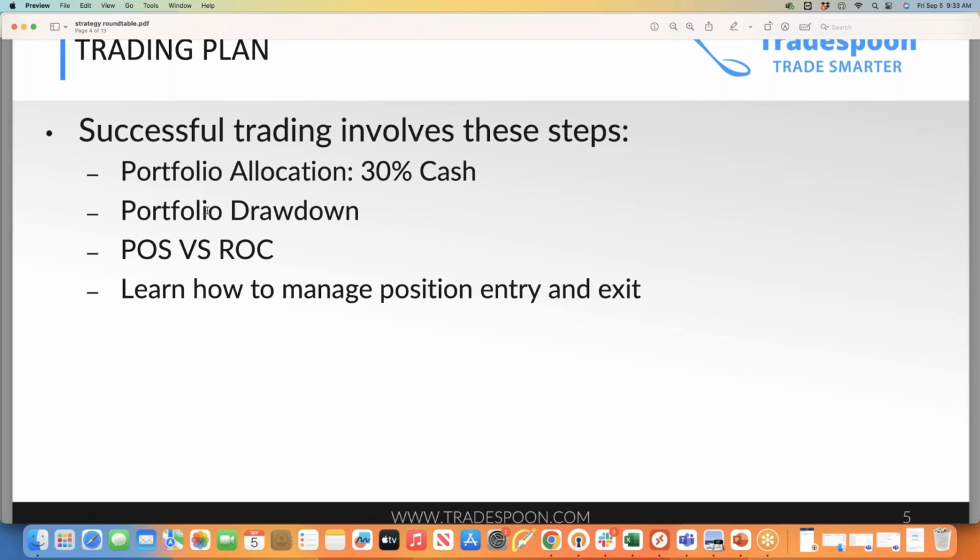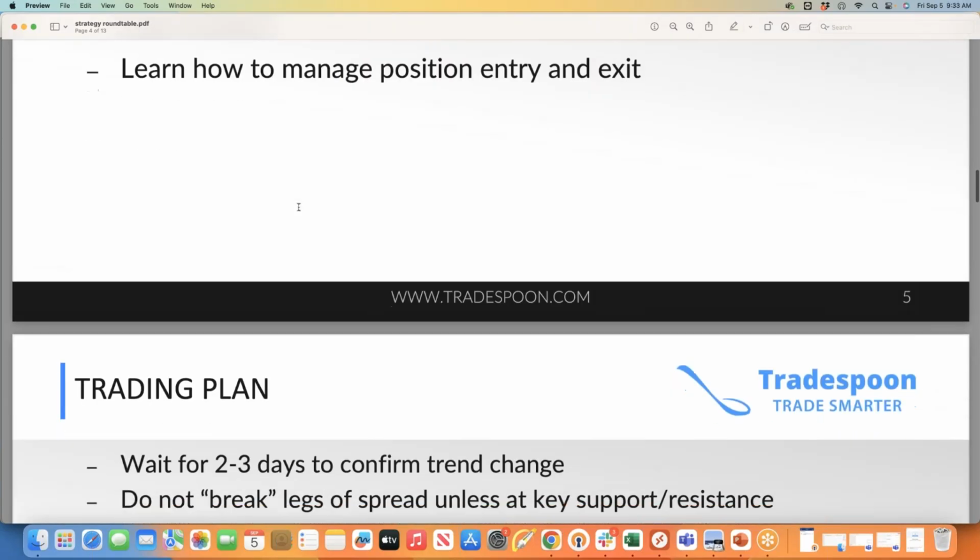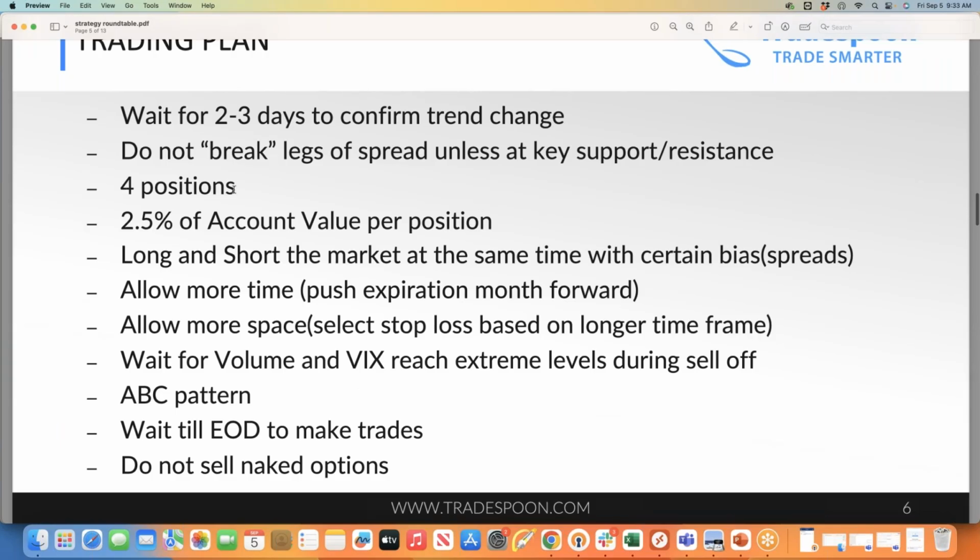Trading plan is important. I encourage you to keep 30% of your portfolio in cash and look at the portfolio drawdown. Let's look at how you calculate portfolio drawdown. Basically, in all of our services, the idea is to have 4 positions and 2.5% of account value per position at risk. So you're risking 10% of your portfolio. This is very important for somebody who's new to trading or new to our services.